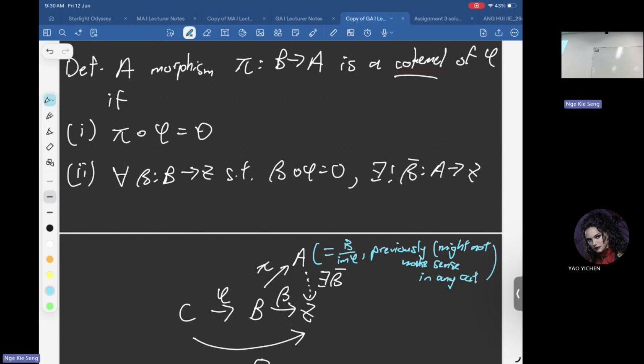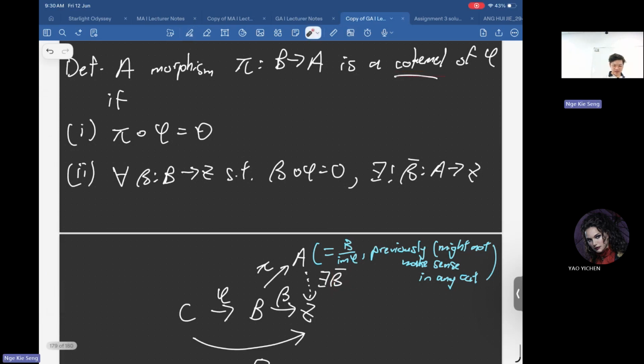If it doesn't go to 0, if you go to something else, it's kind of fixed by this beta. How to think about this beta? Should be unique.